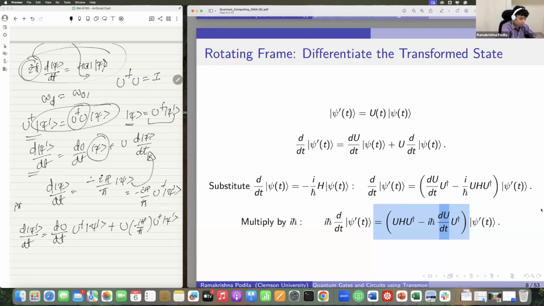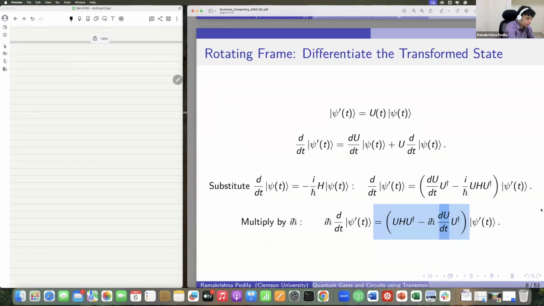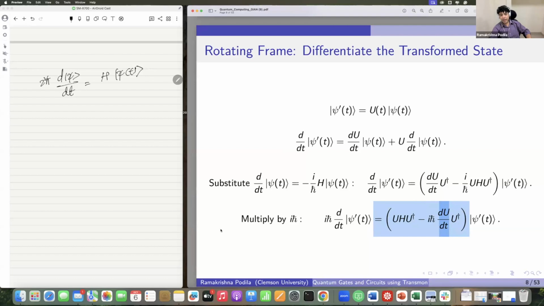So compare the equation that we have at the end to the original Schrodinger wave equation, which looks like this: i h bar d psi by dt is equal to H psi of t, right? Here we have psi, and on the other side also you have psi, but here we have psi prime.